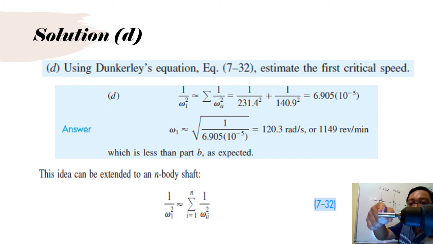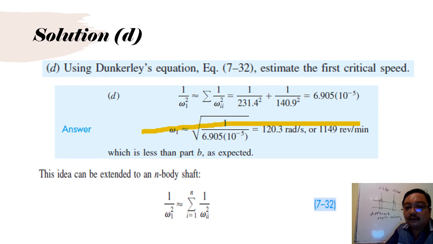When I give the load here, it has deflection. I give the load here, it has the same deflection. Whether I give the same load at any point of the shaft, that is the Dunkerley equation. So you put in the values, you get 120 radian per second, which is less than part B as expected.